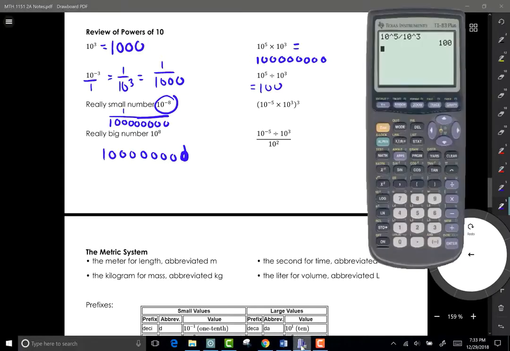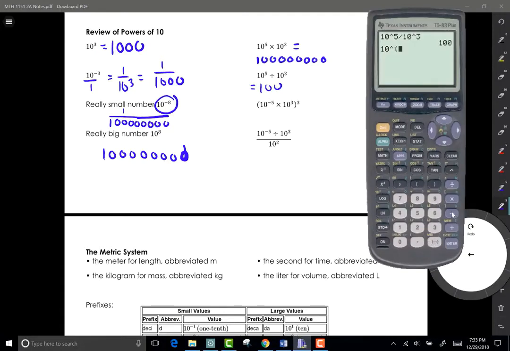When you have negative exponents and you want to put it in on the calculator, what you want to do is make sure that you put parentheses around the negative and the 5. For example, when we're looking at the next example here, I'm going to put 10 to the power of, and then this will be your negative button.